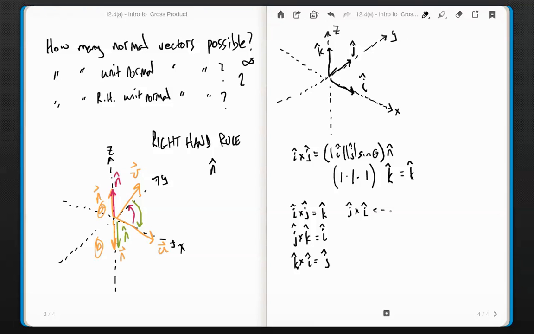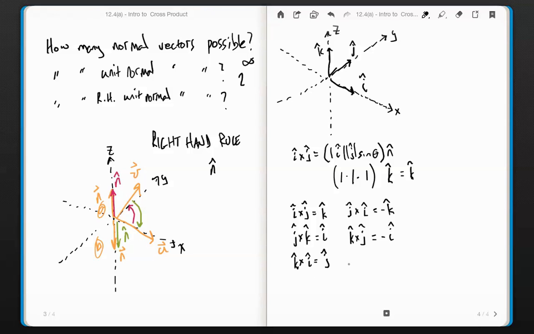So that makes it negative k. Likewise, if I went k cross j, so my right fingers go this way, well, that means my right thumb would point in the negative i direction, like that.